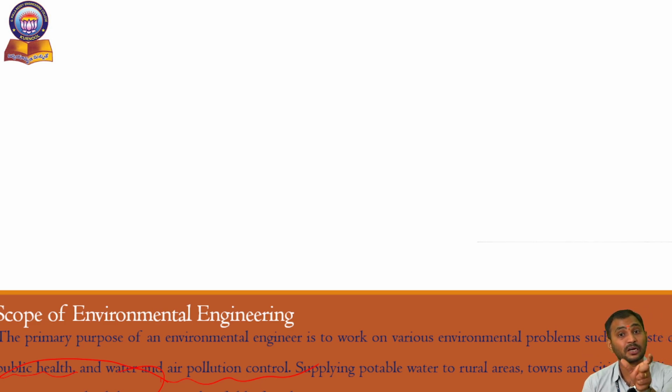Not only water quality standards, the environmental engineer can also check air pollution, how much we can control the air pollution, the solid waste management, and the wastewater. Wastewater means water used for cleaning clothes and other items. That comes under wastewater, which we can reuse, recycle or reduce.